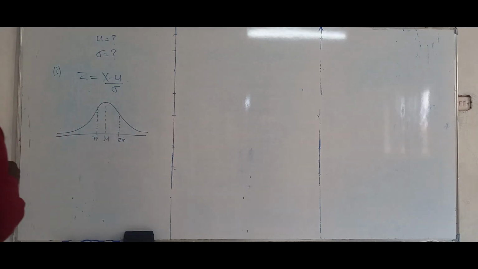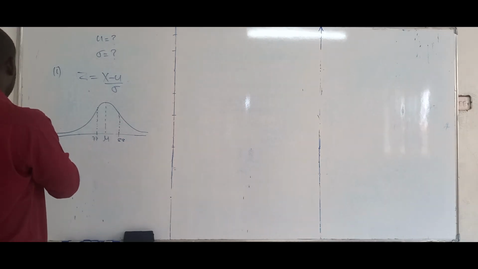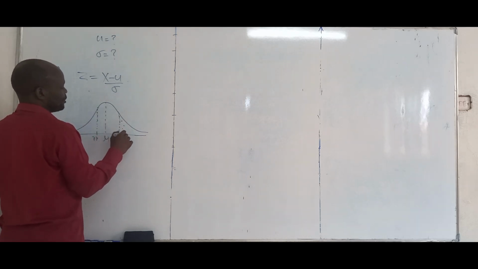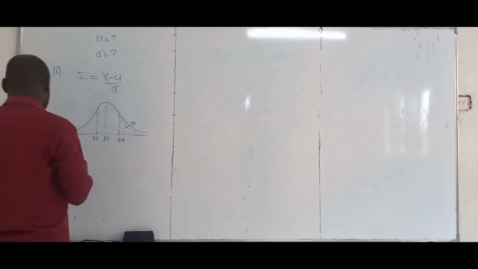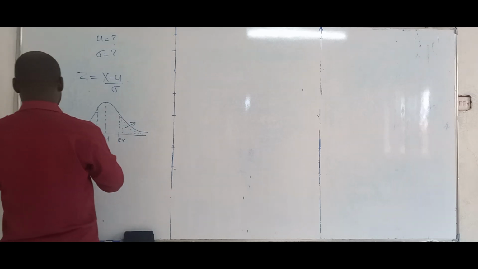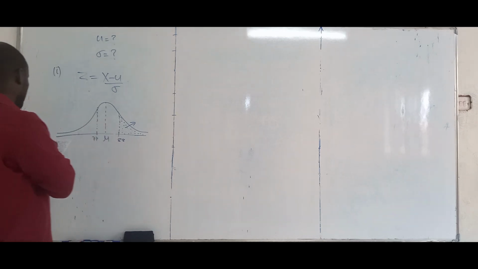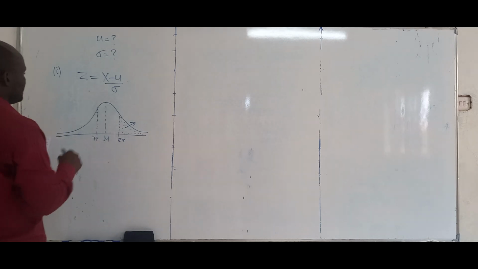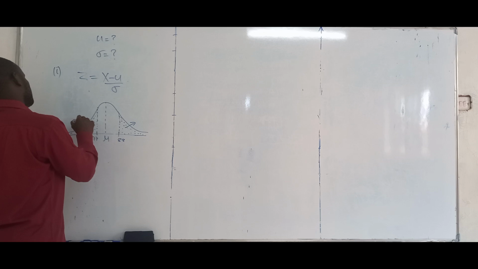We are told that 25% of these women have fingers longer than 8.8 centimeters. That is this probability. Then 17.5% have fingers shorter than 7.7, so here we are referring to this region, and the probability given is this.